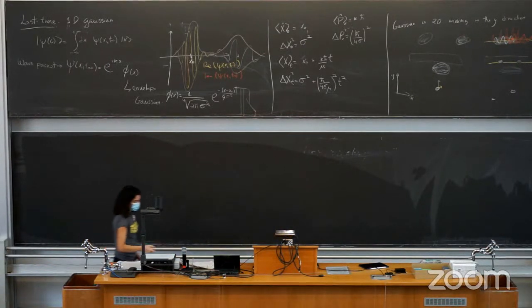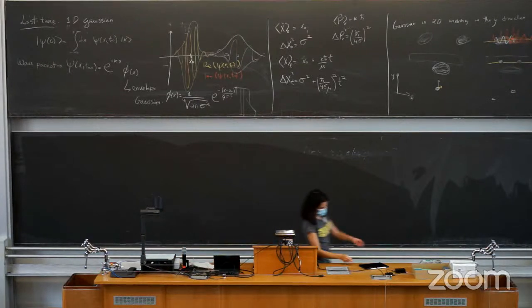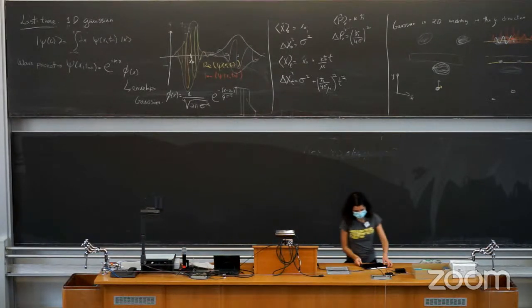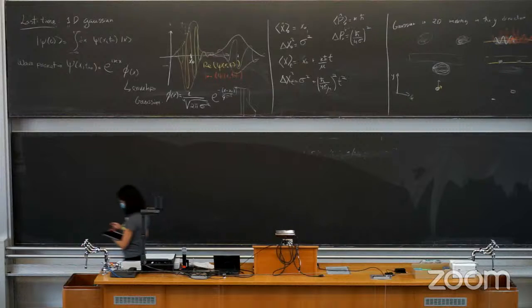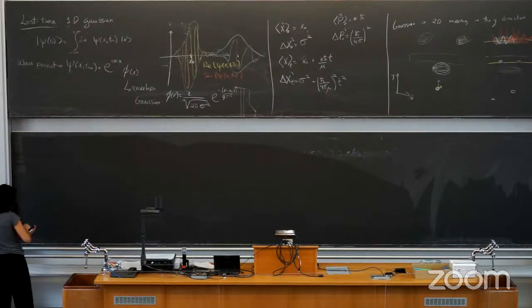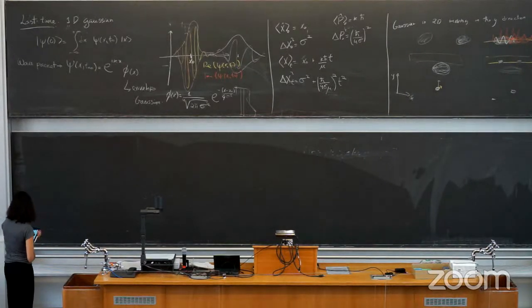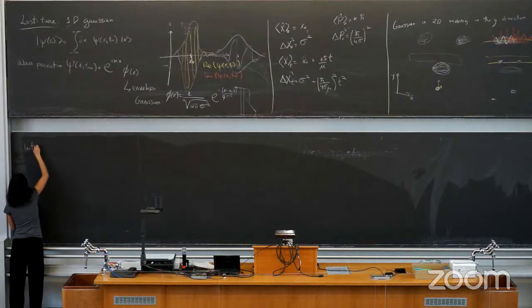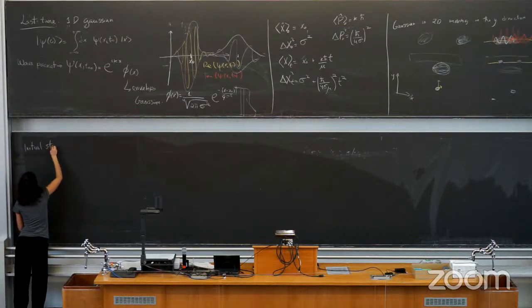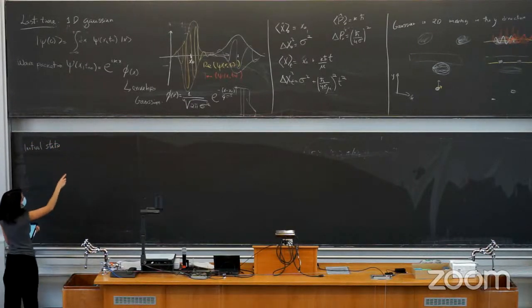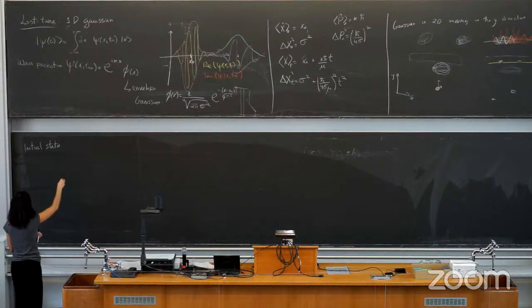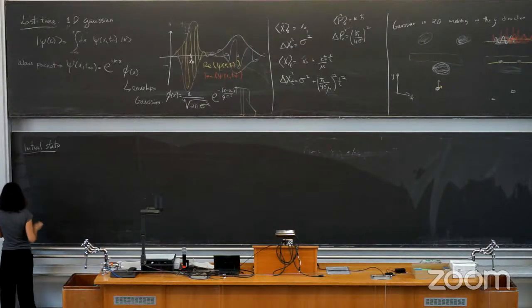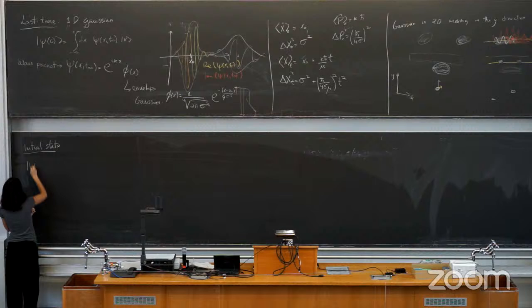So now I move to these notes. Now what is a 2D Gaussian? So the initial state: we're just going to generalize that state to 2 dimensions. So we have x and y.